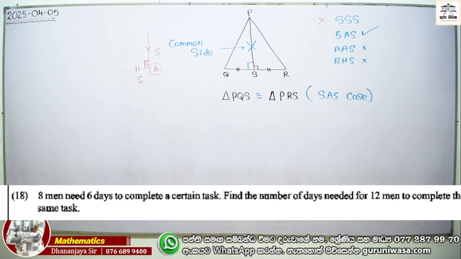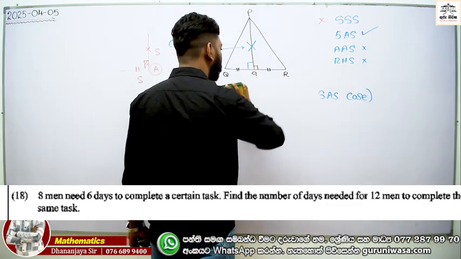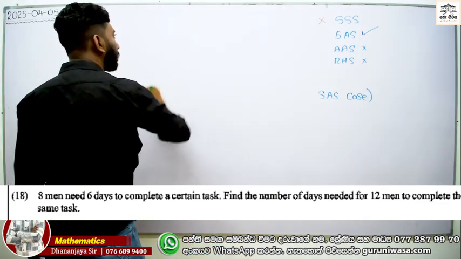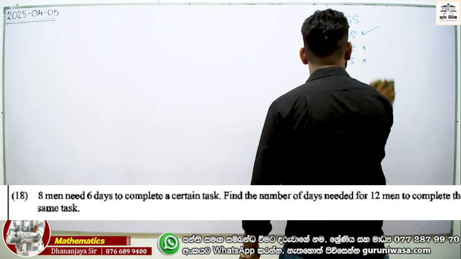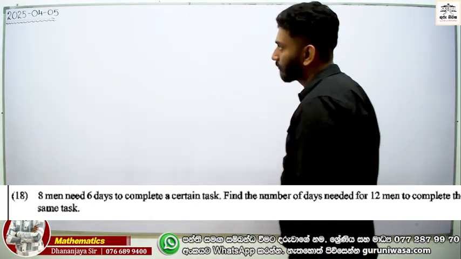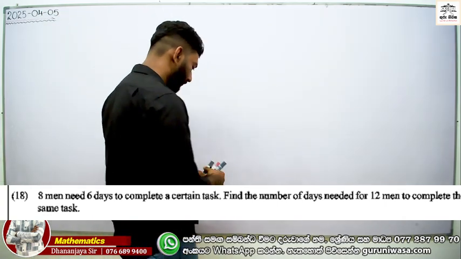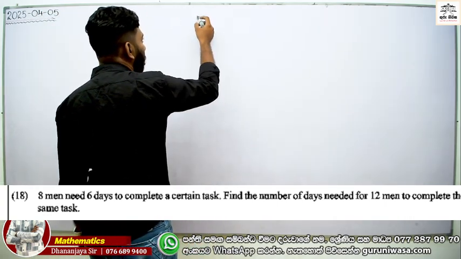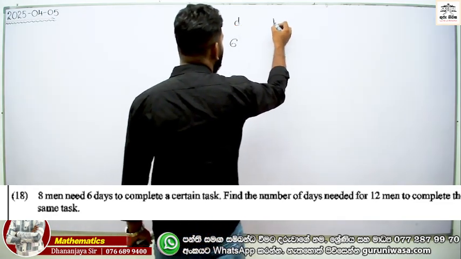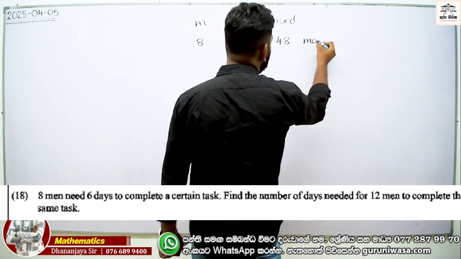Question number 18. This was inverse proportions. Man-days. Remember? Eight men need 6 days. Therefore, man-days becomes 48. 48 man-days.